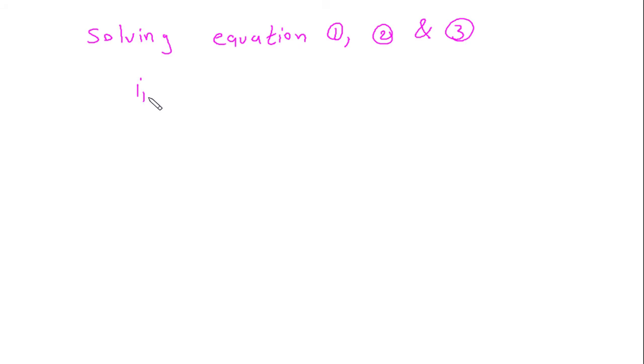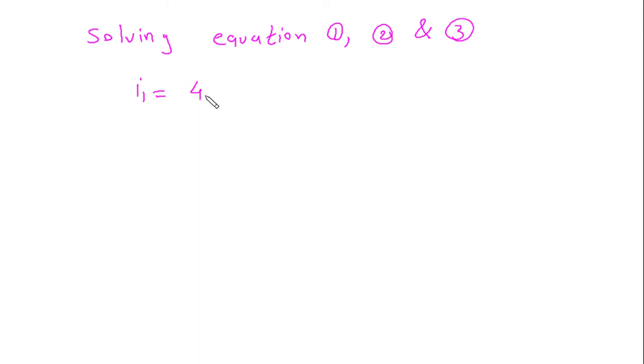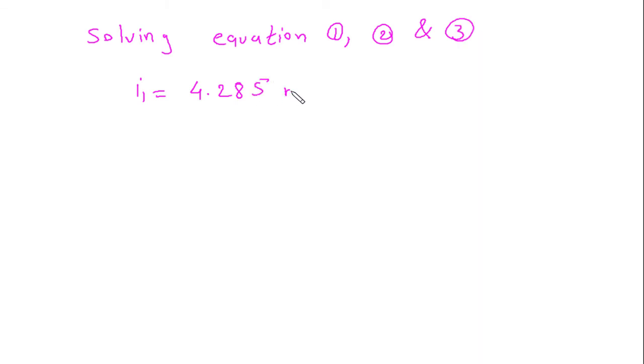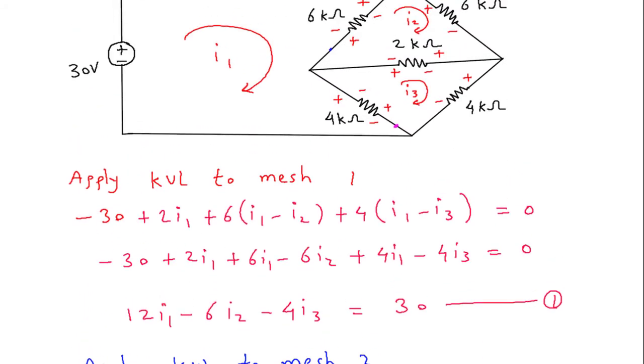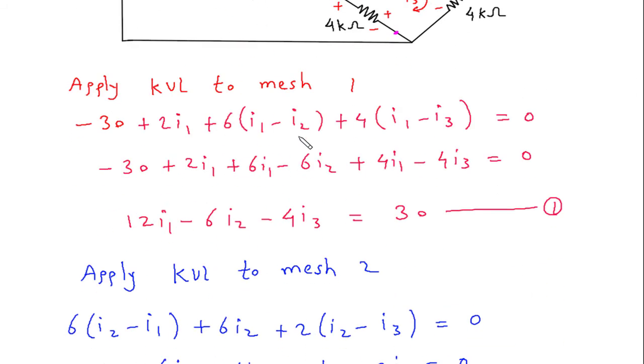So I1 is equal to 4.285 in milliampere, because we have considered all the currents in milliampere, because these resistances are in kilo ohm, but here we have taken it directly.